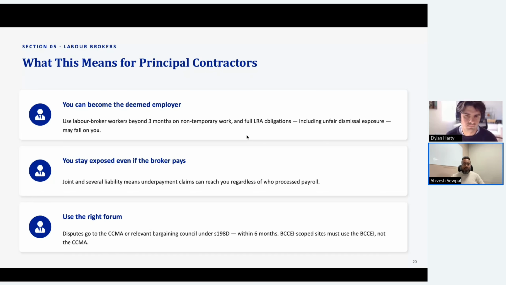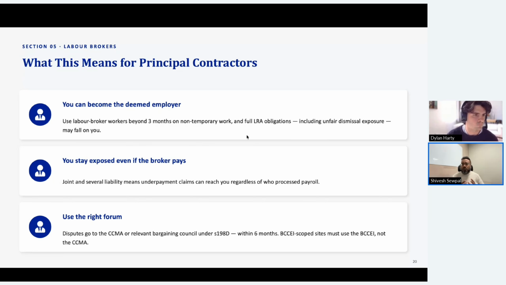A practical takeaway, and my practical advice, is that before engaging any labor broker, the principal contractor should insist on a proper broker compliance pack, including proof of UIF registration, proof of COIDA registration, proof of payroll compliance, bargaining council registration where relevant, and a service agreement containing indemnities and audit rights.